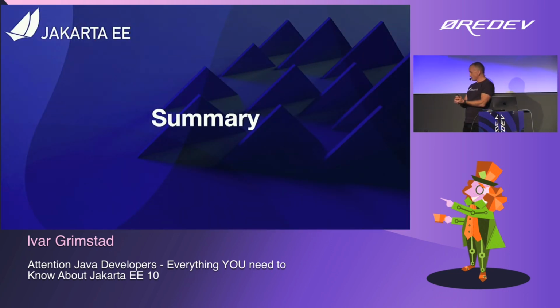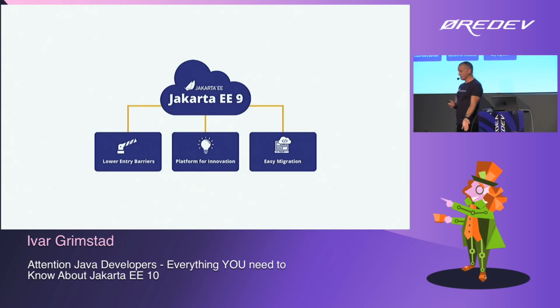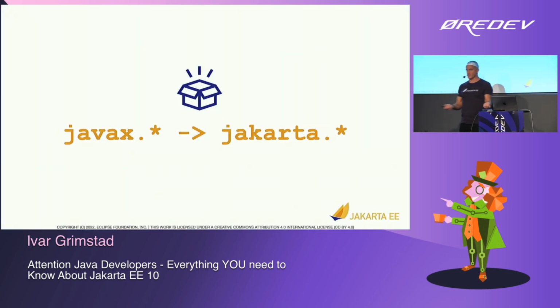To sum up, Jakarta EE 9 has been out for a while, and the big thing with 9 was the namespace change, and that is what's hitting the industry right now. And if you're using Spring 6 or Spring Boot 3, which is about to be released now, you will be affected by the namespace change. And some of the migration techniques that I showed here will probably be applicable to your project as well.